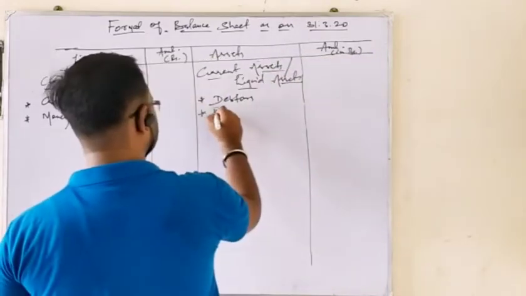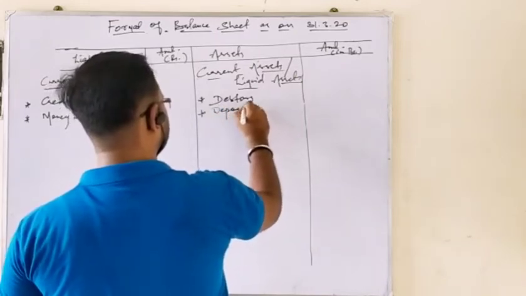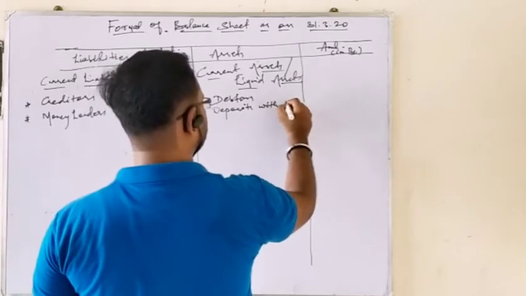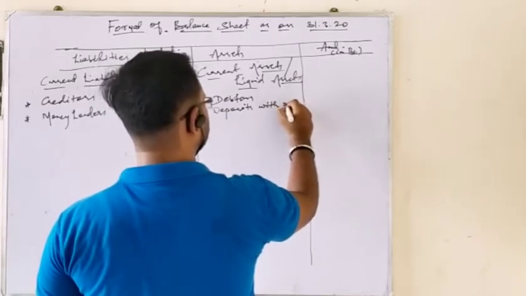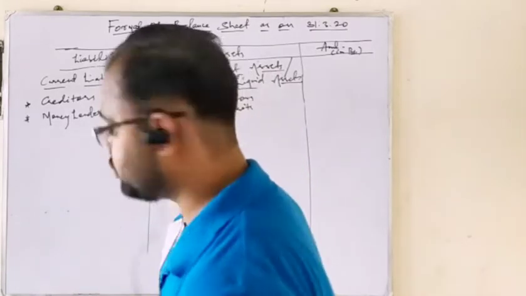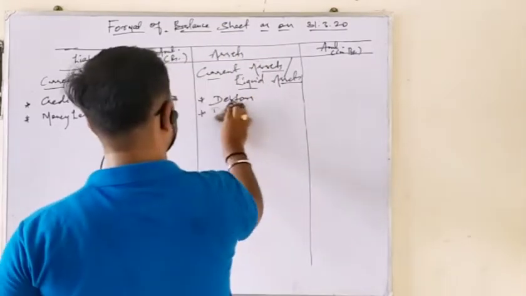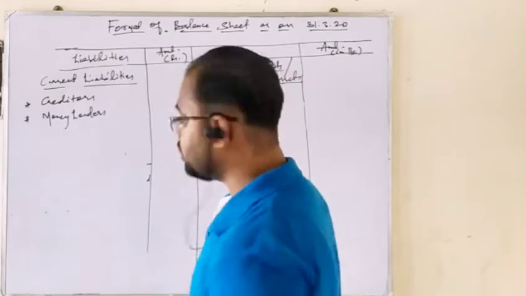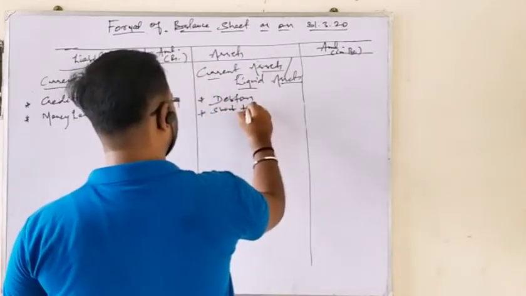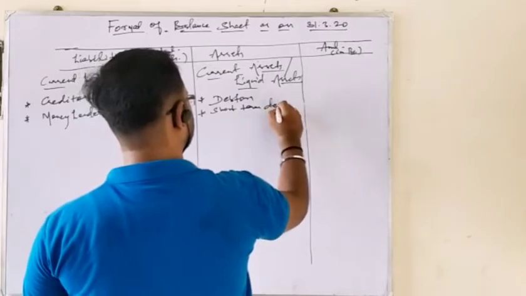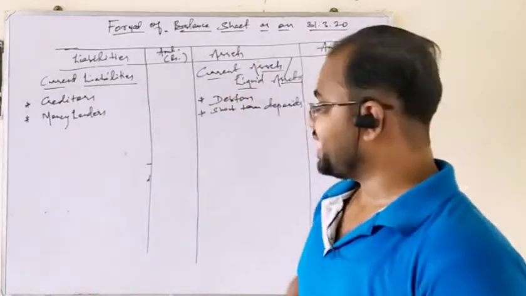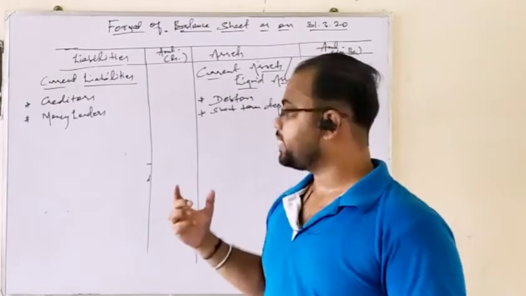We can write short-term deposits. The opposite of money lenders can be the short-term deposits. So it is not possible that we will get the exact opposite every time.